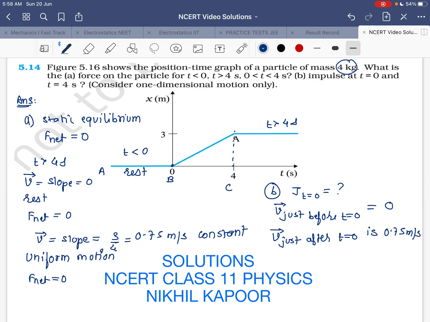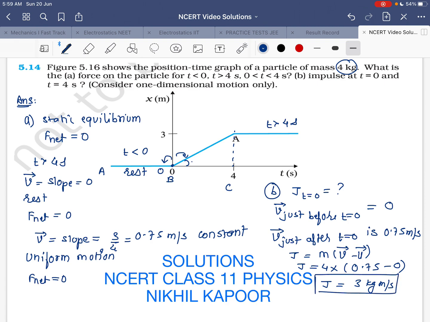Just below it is 0, and just after, the velocity is the slope of the graph, 0.75 meter per second. So I can say the impulse is nothing but the change in momentum, m(v minus u). So impulse comes out to be, mass is 4 kg and final velocity is 0.75, initial is 0. So impulse comes out to be 3 kg meter per second, and that's the answer to this question.